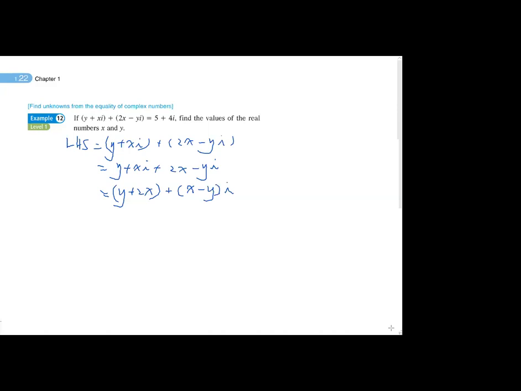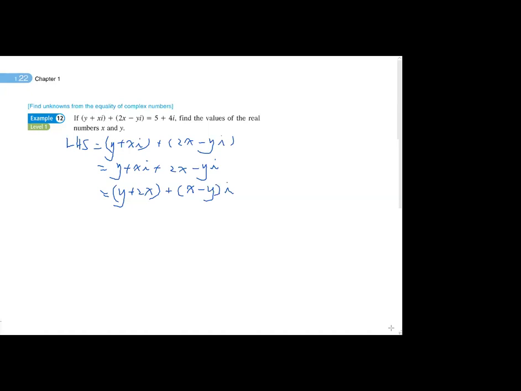Because I need to see very clearly which number is the real part and which number is the imaginary part, in the format of a plus bi. In this case, a will be y plus 2x, and b will be x minus y.